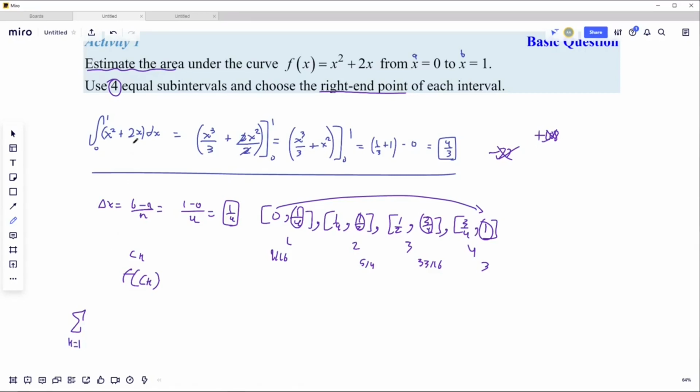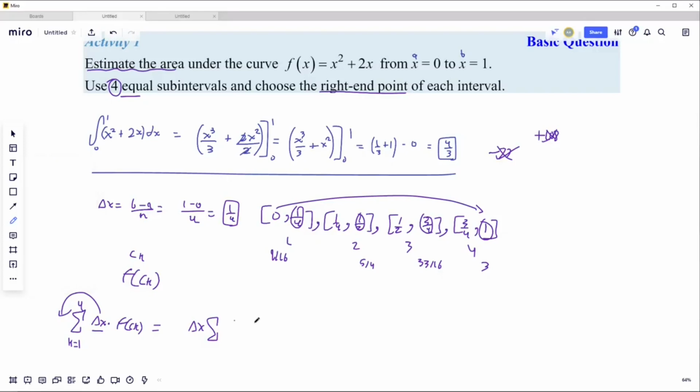So k is 1, we want 4 intervals, so this is 4, times the summation of delta x times f of ck. By the way, delta x is a constant, they're equal intervals, so you can take it out to save time, especially on a calculator, because if the delta x is outside, you're just multiplying by a number, and on the calculator you put plus, plus, plus, whatever expression you have over there.